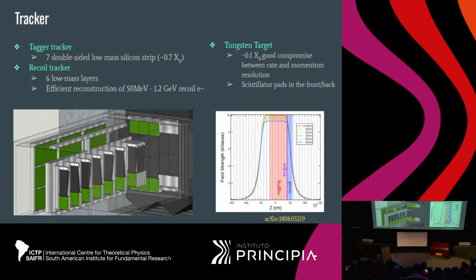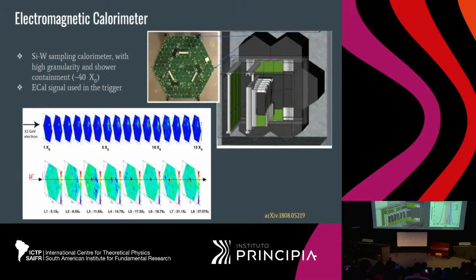The magnetic field, as I said, surrounds both the tracking dedicated to the incoming particle, the so-called trigger tracking, and the recoil part of the tracker, so you can measure the momentum of the particles.